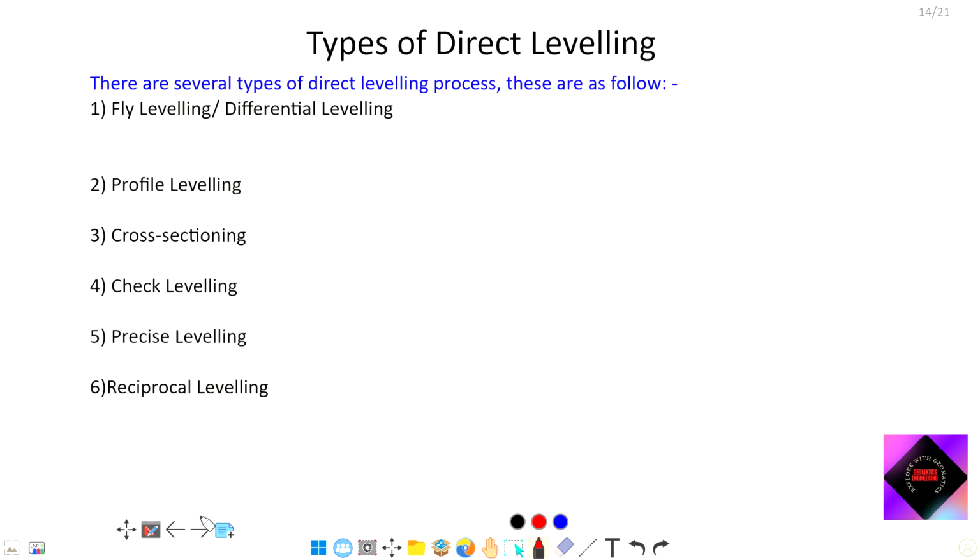Now moving further, there are several types of direct leveling. These types are dependent upon the purpose and how it has been done. So first one is fly leveling. As its name suggests, fly.